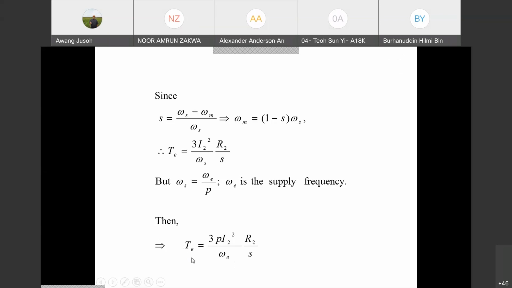So there are many ways to present torque, but the most general one is P_AG divided by omega_s. The rest are the same, you just change the style only.